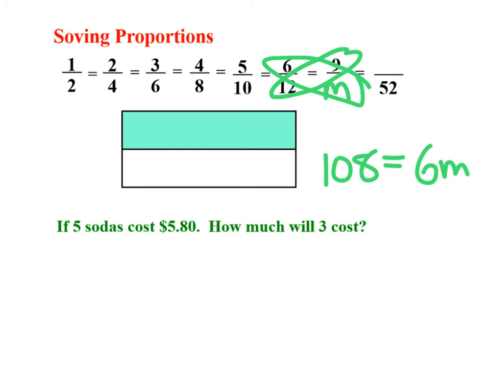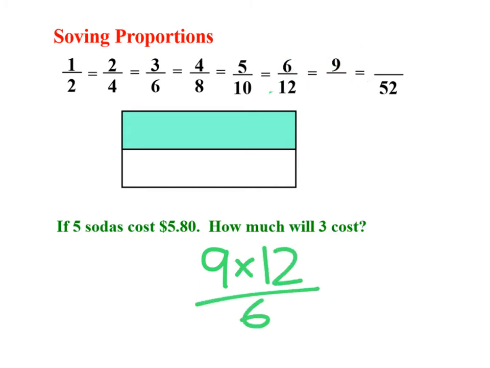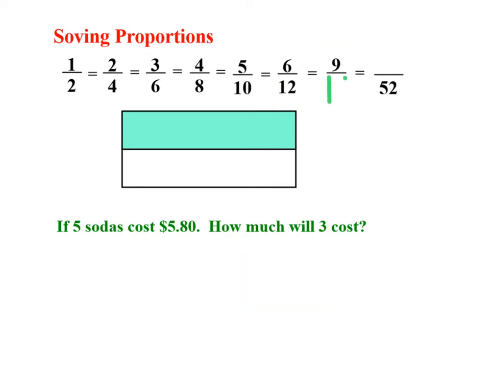And now you have this problem, which is an algebraic equation, and to undo times 6, you have to divide by 6. So let me write down the problem you actually did. You did 9 times 12 divided by 6. That's multiply the diagonals, 9 times 12, and then divide by the other one. So multiply the two diagonals, divide by the other one, and you get your answer, which was, of course, 18.